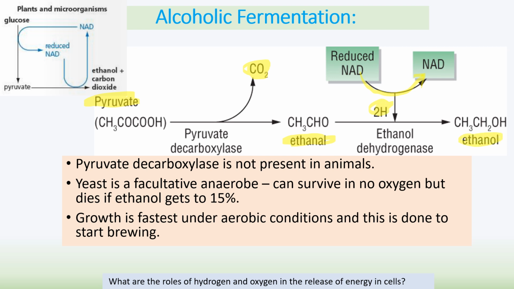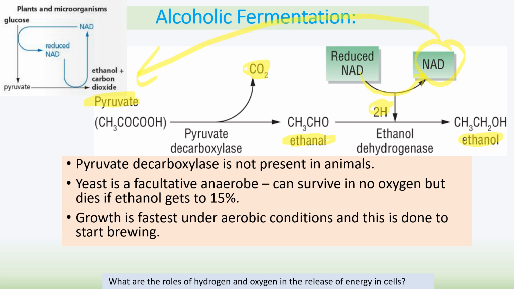Ethanol isn't something that the yeast particularly wants, and it will tolerate it, but over about 15% the yeast will actually be killed by the ethanol. So again, it's a waste product and it's not good for the organisms.